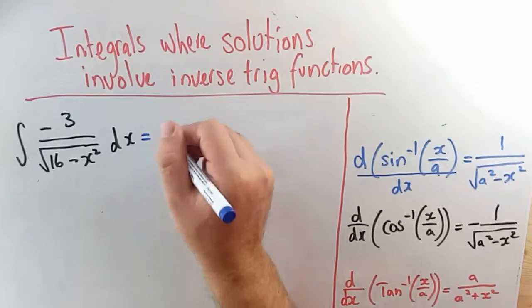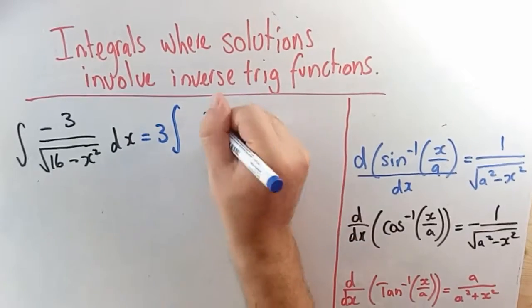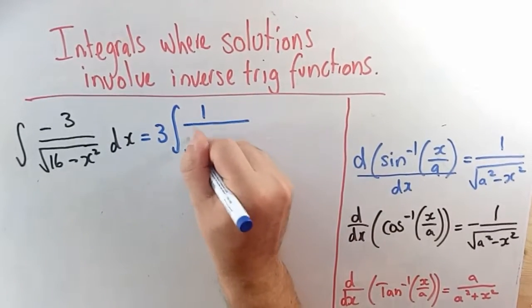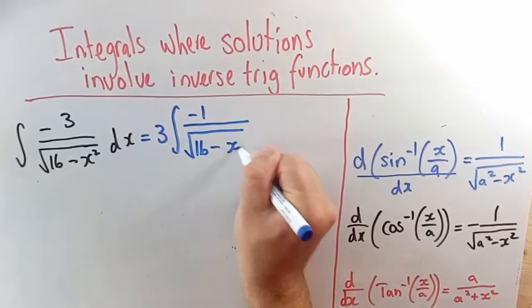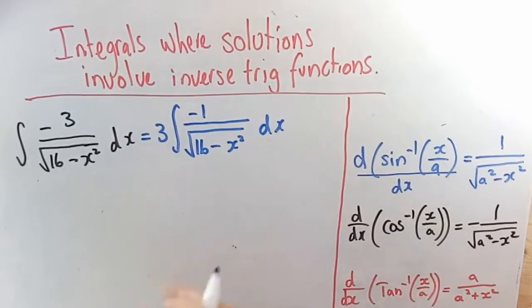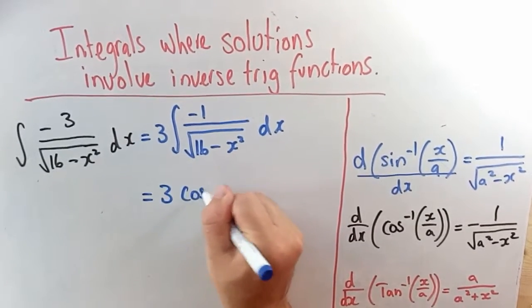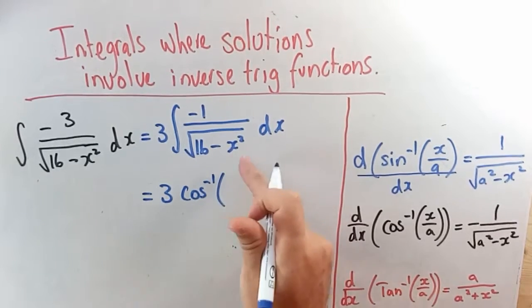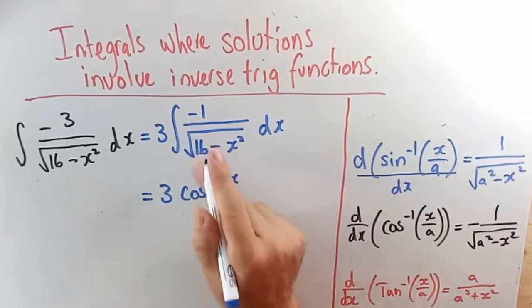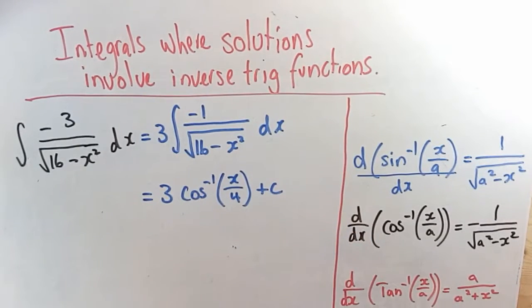So we could take out the 3, and we could have -1 on the square root of 16 minus x squared dx. And we're thinking, oh yeah, that now looks like this inverse cos, so now we've got 3 times the inverse cos of x on a, and a is 4, plus c.